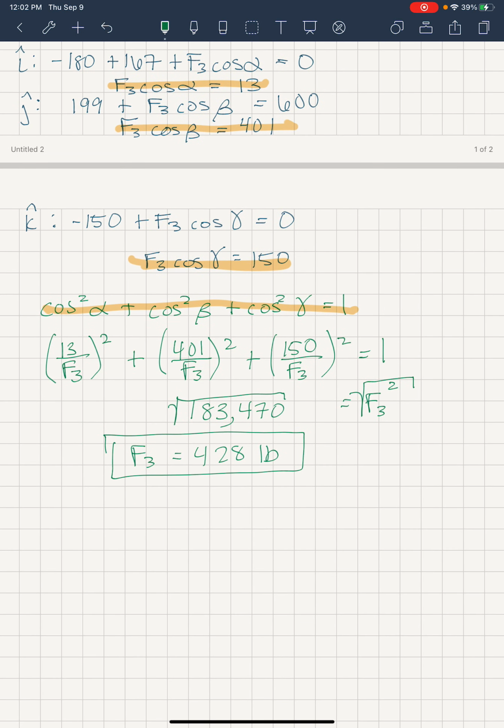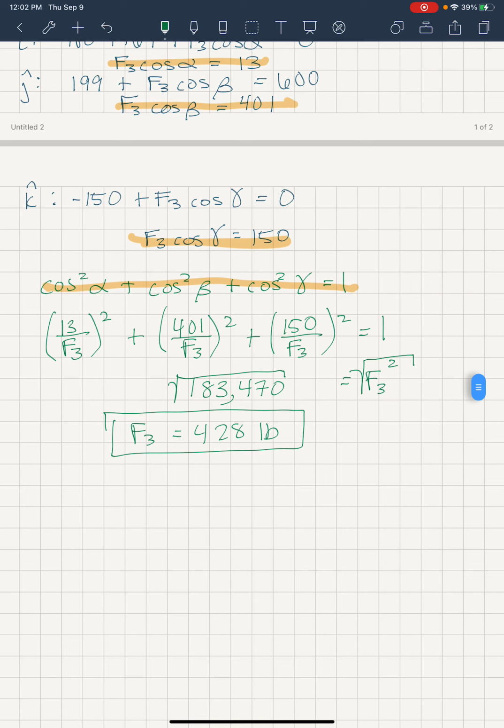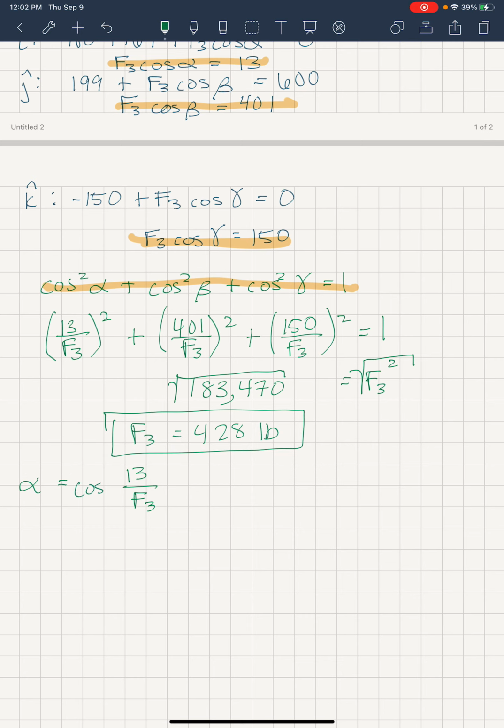And then we also want to get those alpha, beta, and gamma. From our equations up here, we know F3 times cosine of alpha equals 13. So we can rearrange that to where alpha is the cosine inverse of 13 over F3.